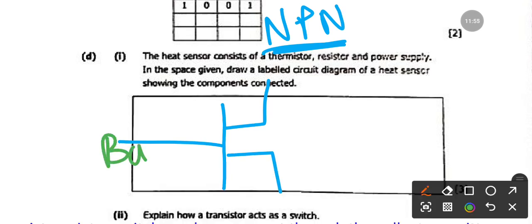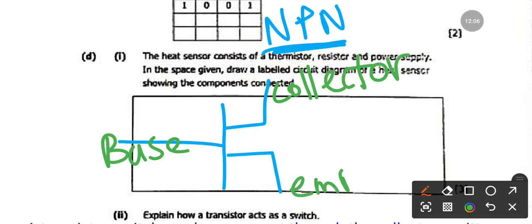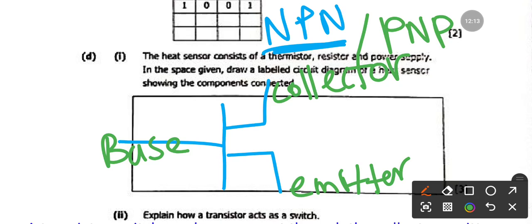This part is called the base, and for an NPN transistor, I'm being specific, this part is called the collector, and this part is called the emitter, because we have another type of a transistor which we call a PNP. They are different. An NPN transistor is different from a PNP transistor, and we'll get to see the difference as we progress in answering the question. Okay, so we have the base like that.